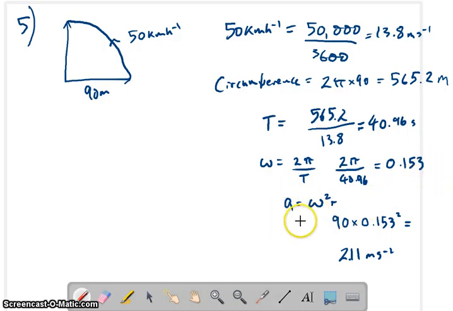So the acceleration is equal to omega squared r, so that's 90 is the radius, times by omega squared, so the acceleration is 2.11 meters per second squared.